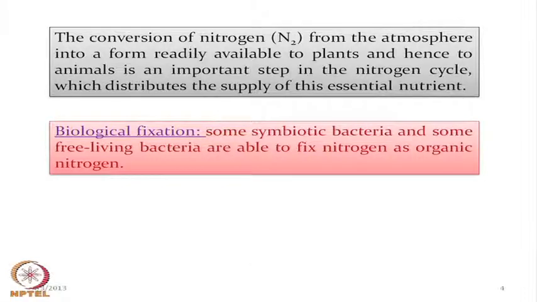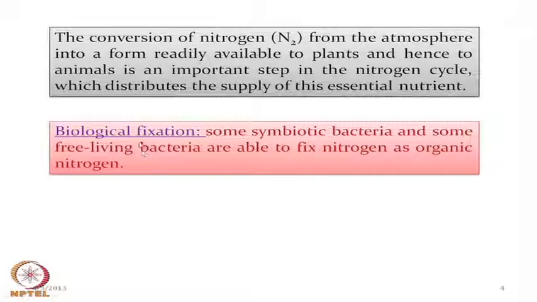So, biological fixation is the most important fixation, and it is easily available and we can get it very nicely. There are some bacteria which we call symbiotic bacteria, and there are also some free living bacteria which are able to fix nitrogen into some useful organic compound. That means useful organic nitrogen compounds can be formed directly from the nitrogen available in the atmosphere.